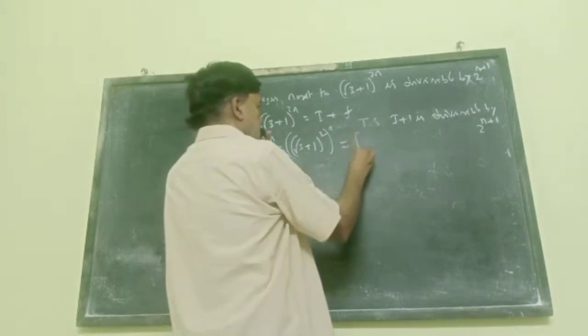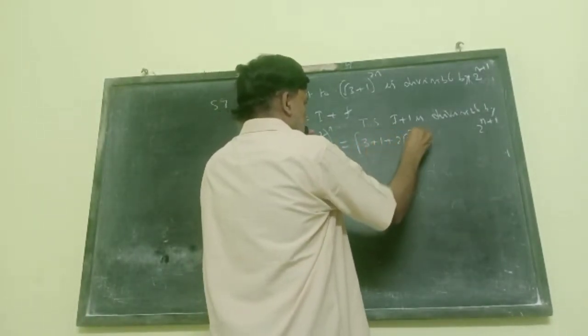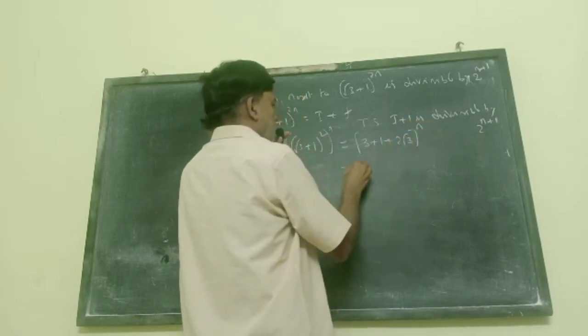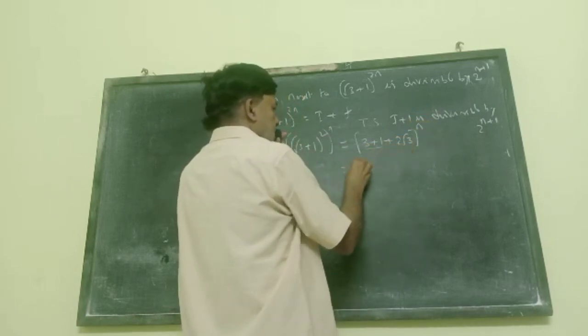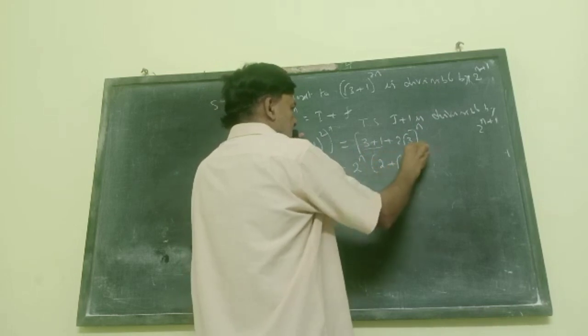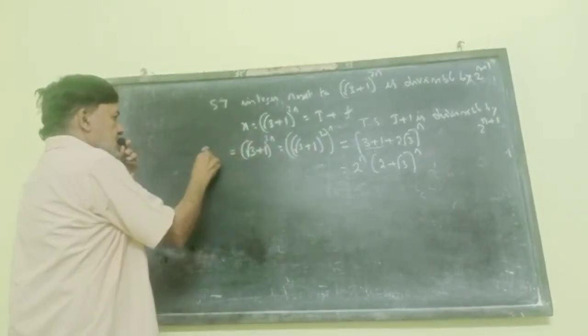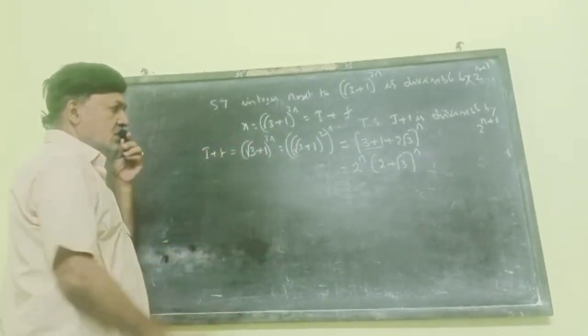This is expanded. 3 plus 1 plus 2 root 3 whole power n. This is 4, this is 2, therefore 2 power n into 2 plus root 3 whole power n, plus f. Understood?